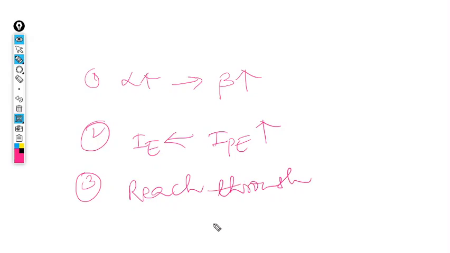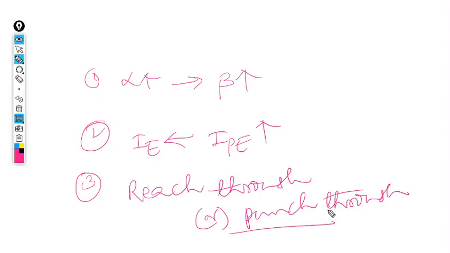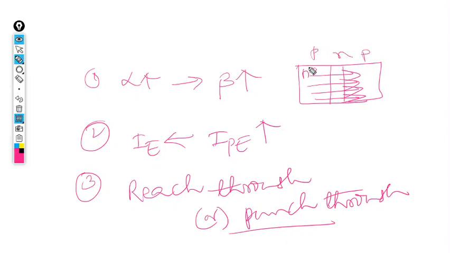That means the collector region can electrically reach the emitter. This phenomenon is known as reach through. In that case, the charge carriers in the emitter region can give punches to the collector region for a large VCB.